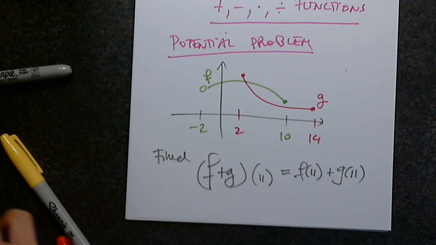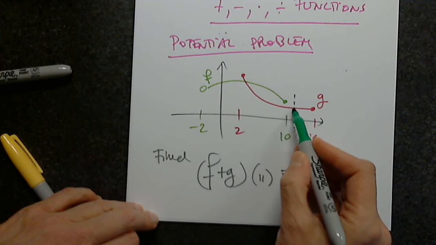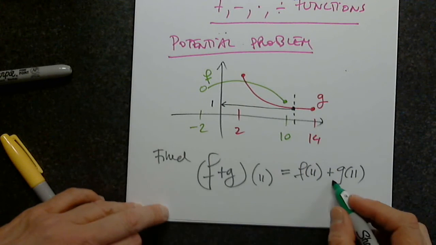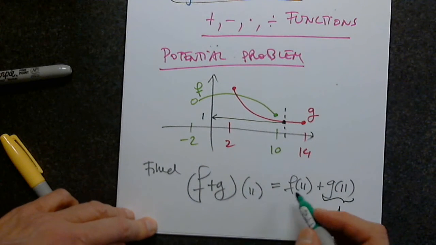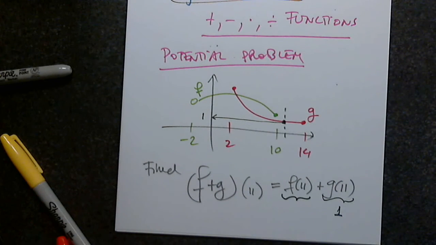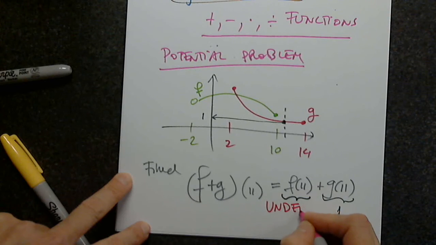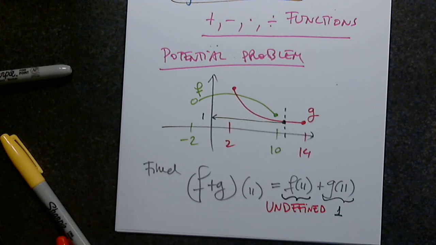For G of 11, 11 is here. It crosses the graph at this point, and let's say you read 1. But then you have to find F of 11. And what would you say? Correct. Undefined. F of 11 doesn't exist.